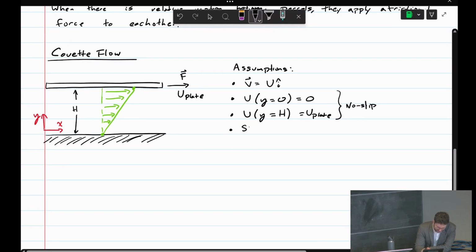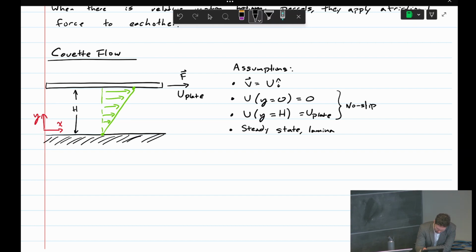We'll take a steady state laminar flow. That means this is kind of a very slow, smooth flow, so we get this nice velocity variation. There's no fluctuations, no turbulence being generated.